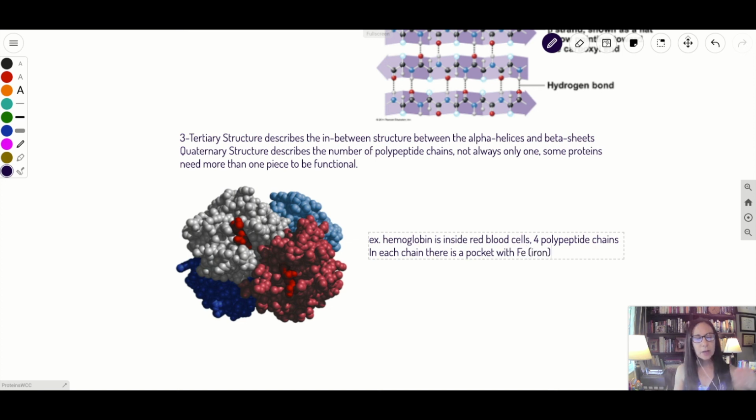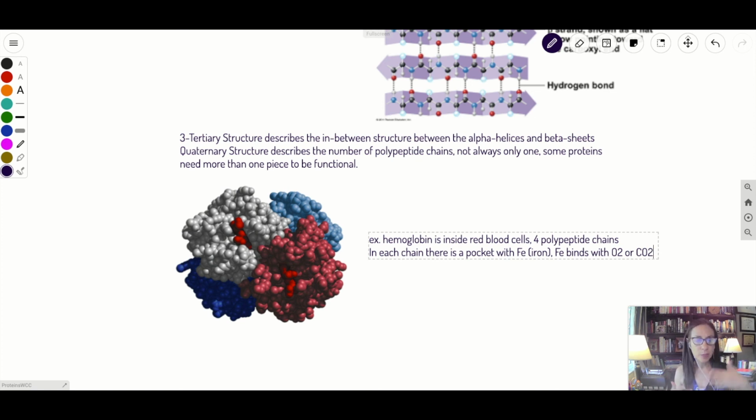Iron binds with oxygen or it binds with carbon dioxide, depending on if the blood is going to the lungs or leaving the lungs. The function of hemoglobin is to bind to oxygen so that the oxygen can go to all the cells in your body and pick up carbon dioxide as waste.